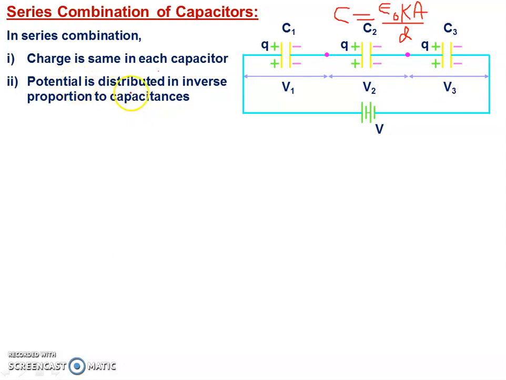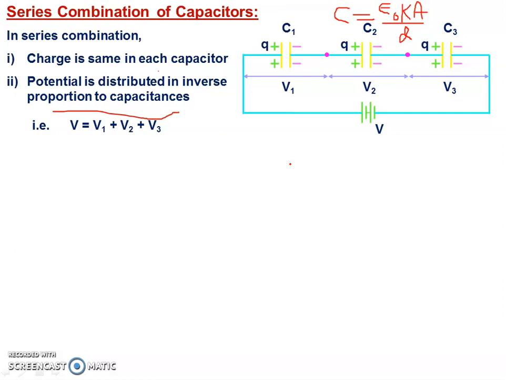So potential is distributed in inverse proportion to capacitances, since V equal to Q by C. It means V equal to V1 plus V2 plus V3, right? So we can write V equal to V1 plus V2 plus V3.